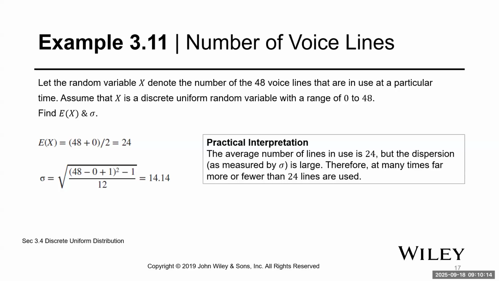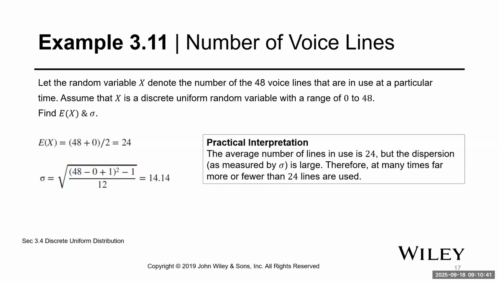Now, practical interpretation. Again, we're not mathematicians, we're engineers. A variance of 14. Now this is voice lines that are used. So this is like a call center. So imagine all these people spamming your grandparents and your grandparents actually pick up the phone and talk to them. So they've got 48 lines that could be used at any one given time, and they're making calls and making calls.